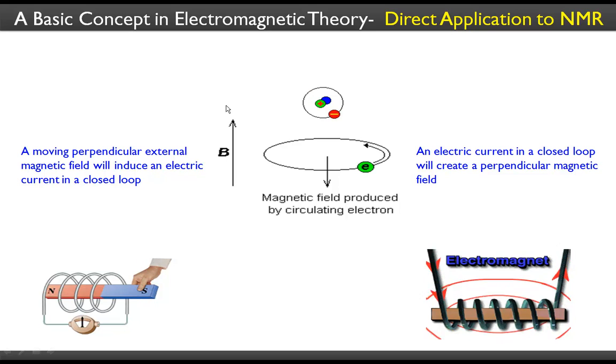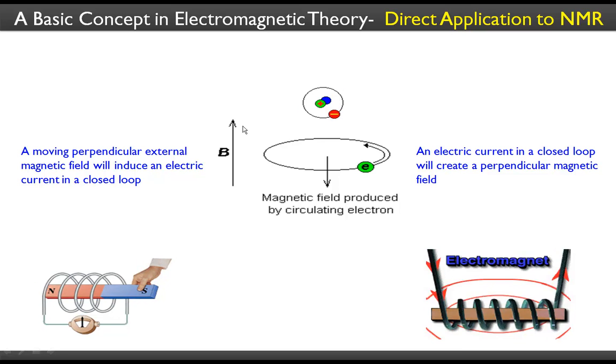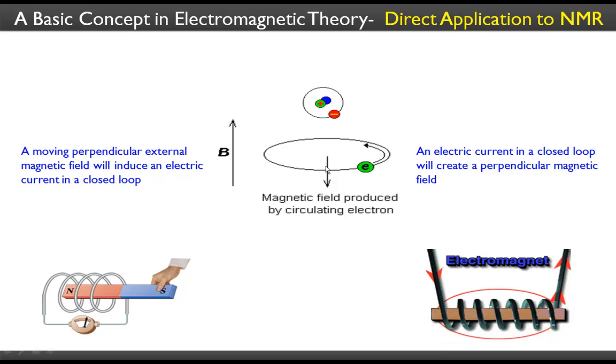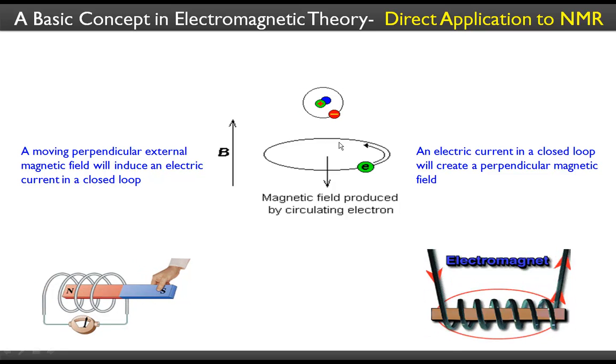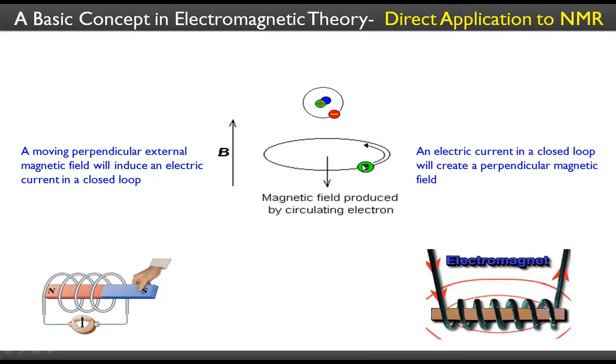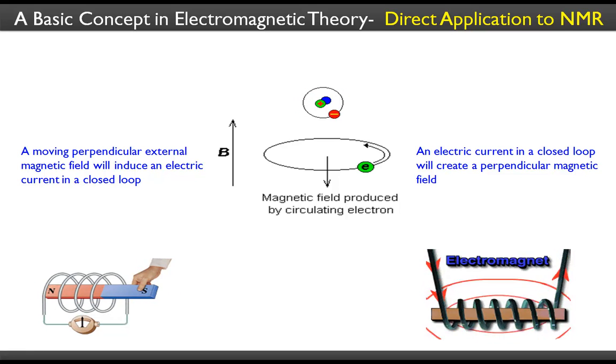This is the direction where the external magnetic field is, facing the NMR. So the spinning nuclei can align with the external magnetic field, or it can oppose the external magnetic field depending upon the spin state. So that's the fundamental principle of NMR spectroscopy that we learned already.